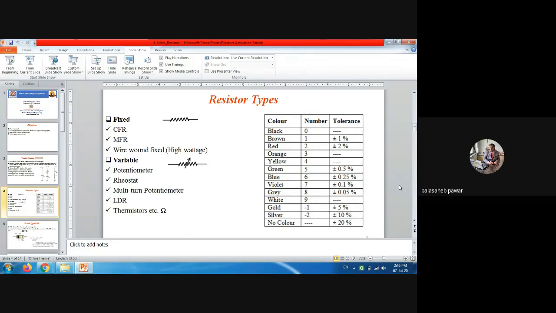Simply, we will take one simple example: the op-amp as an inverting amplifier. From that we know VO equals minus RF by R1 into VI. Is it correct? So the gain of that op-amp is set by the ratio of RF and R1.